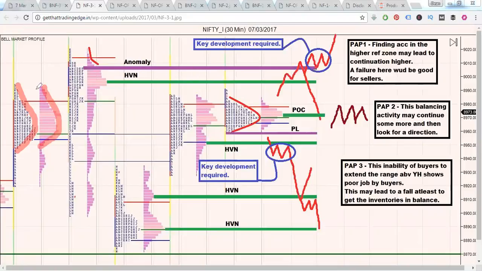Now what happens is that when the market is in balance, we know one thing for sure, that buyers and sellers are matching each other. So every time the buyers buy, sellers come in at higher levels and sell. Every time the sellers try to take control, buyers show up at lower levels and they buy. So the edges of the balance have opposing activity.